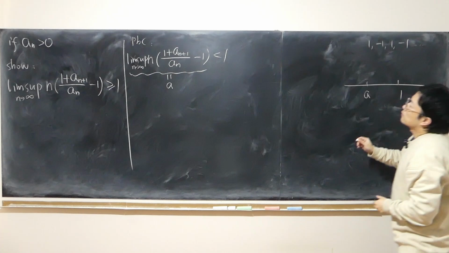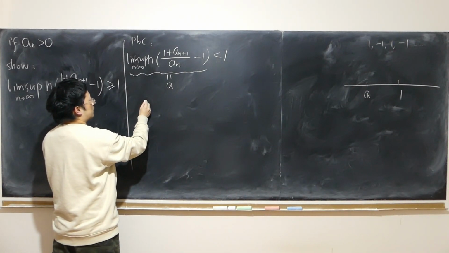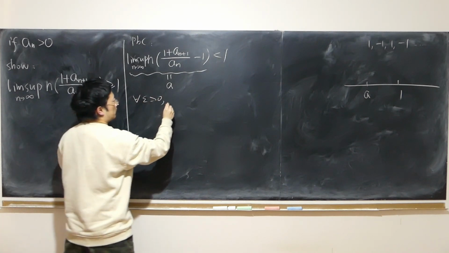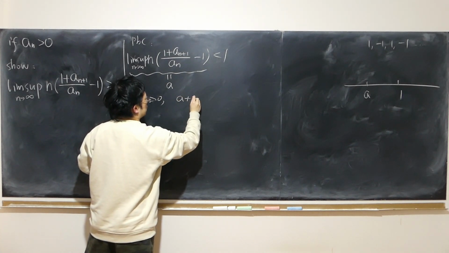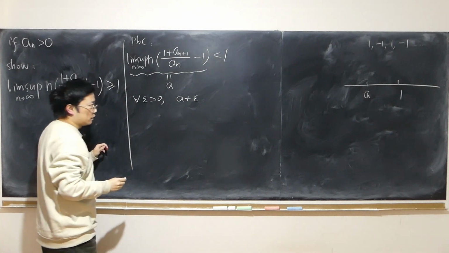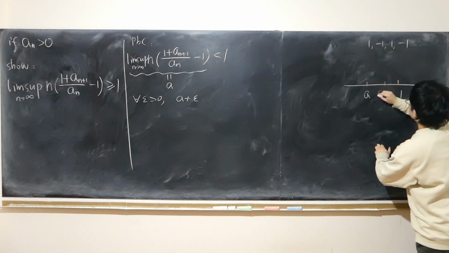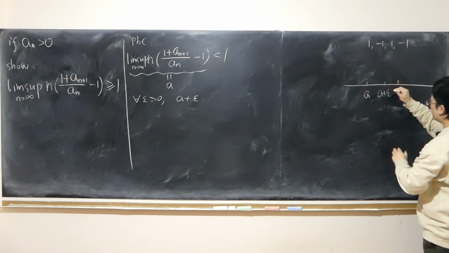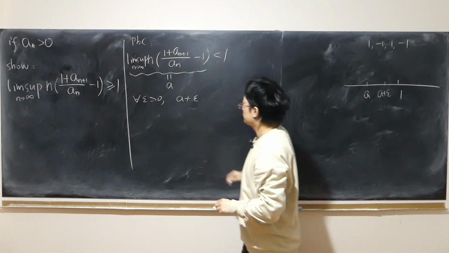Here's my claim. The claim is that given any epsilon bigger than 0, to the right-hand side of a plus epsilon, there are at most finitely many members of this sequence.